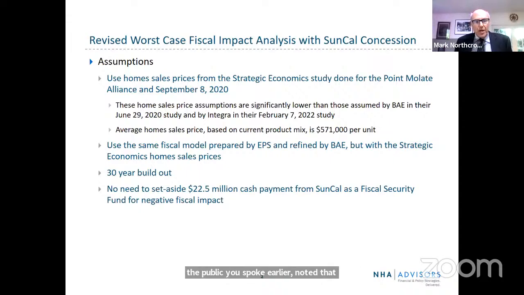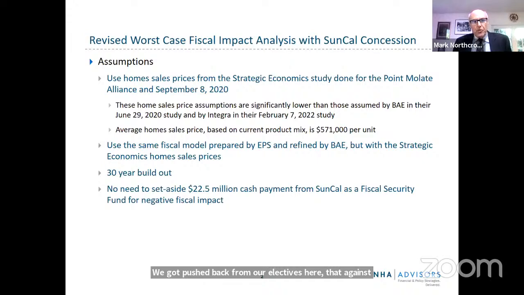And one of the things that I think we got when we had suggested on the original, back on February 24th in the study session, that the $22 million payment from SunCal that the city gets to retain on transfer of the property be used as a fiscal security reserve to hedge against the negative fiscal impact. We got pushback from our electeds here against that, no surprise.